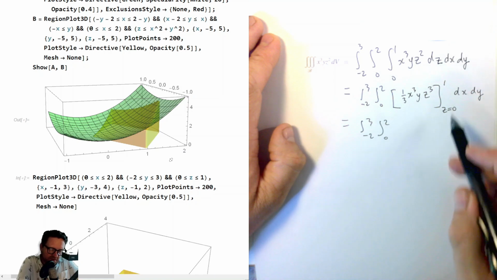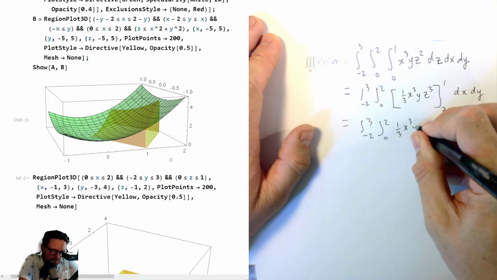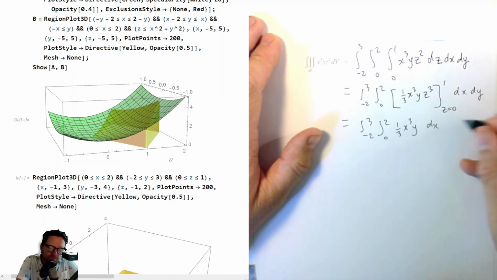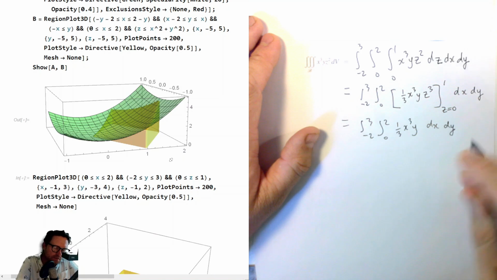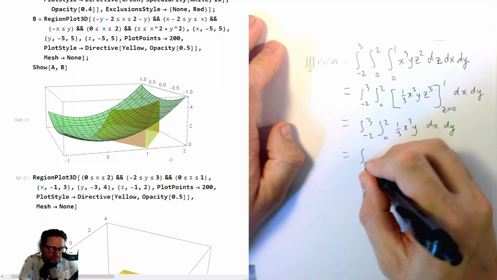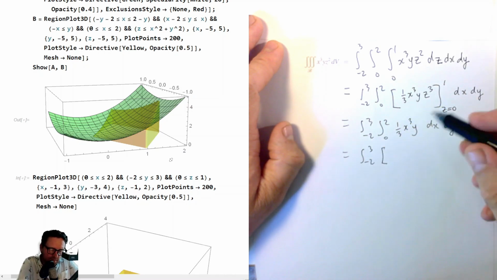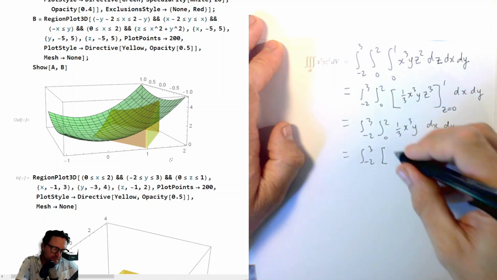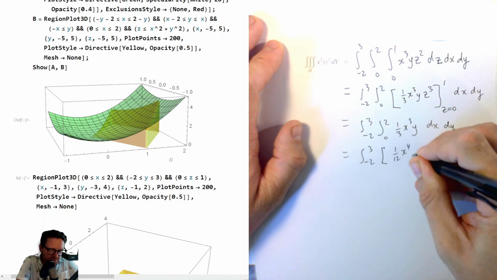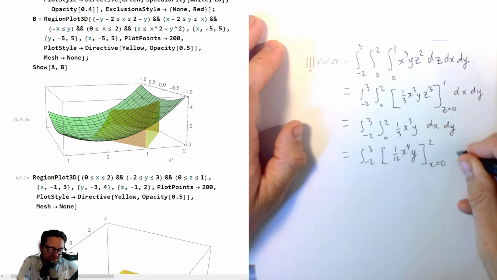Okay, subbing in the 1 and the 0 for z, we have 1/3 x cubed y, and then minus 0. Okay, now moving on to the integral with respect to x. So we have an x to the 4th. Dividing by 4 gives us 1/12 x to the 4th y, as x goes from 0 to 2.